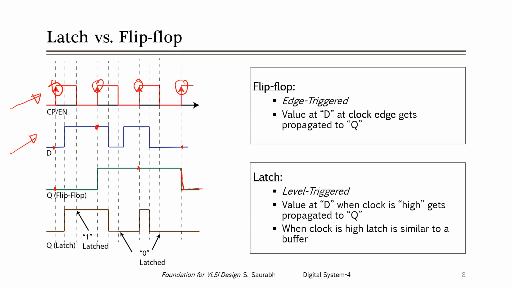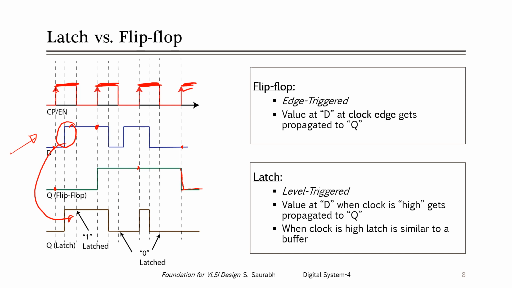Let us see what the waveform at the output of a latch will be. The latch will produce the output, or it will be the same as a buffer, whenever the clock is high. These are the regions where the clock is high, or the enable pin of the latch is high. In these regions, whatever the value of D was will be available at the Q pin of the latch.